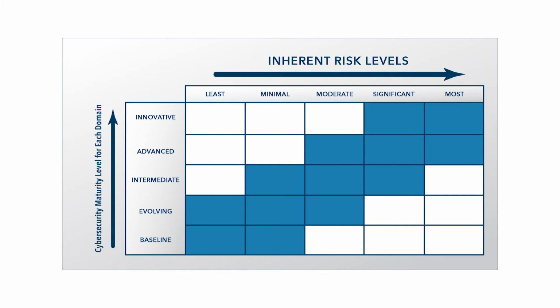For example, an institution with an overall inherent risk level of least would be expected at a minimum to have a maturity level of baseline and a maximum level of evolving maturity, whereas an institution with an overall inherent risk level of significant would be expected at a minimum to achieve an intermediate maturity level and a maximum of innovative.